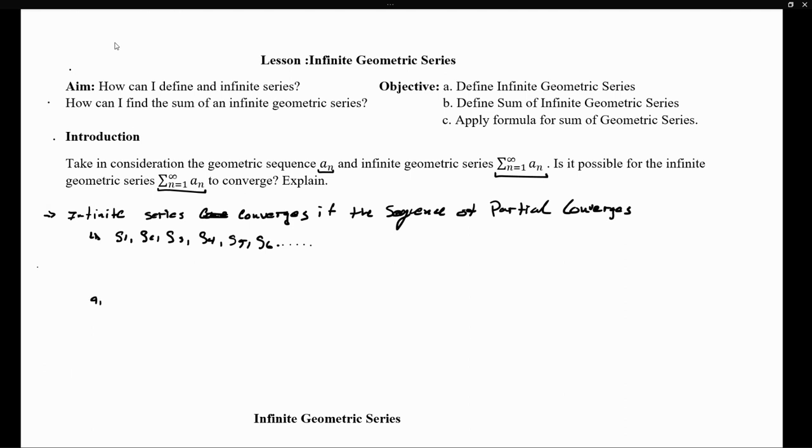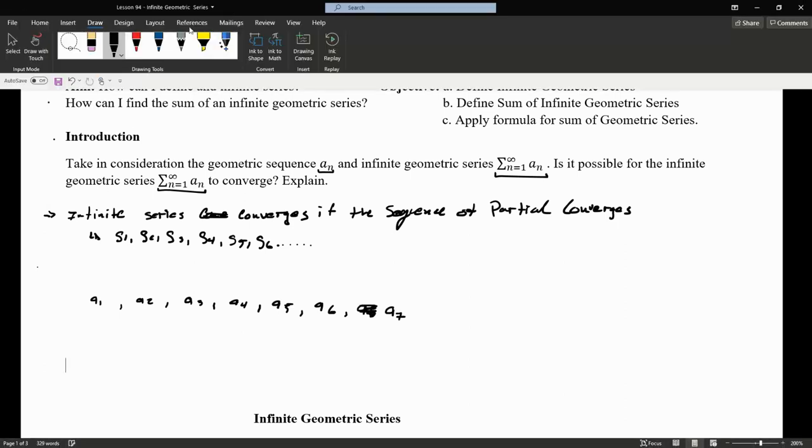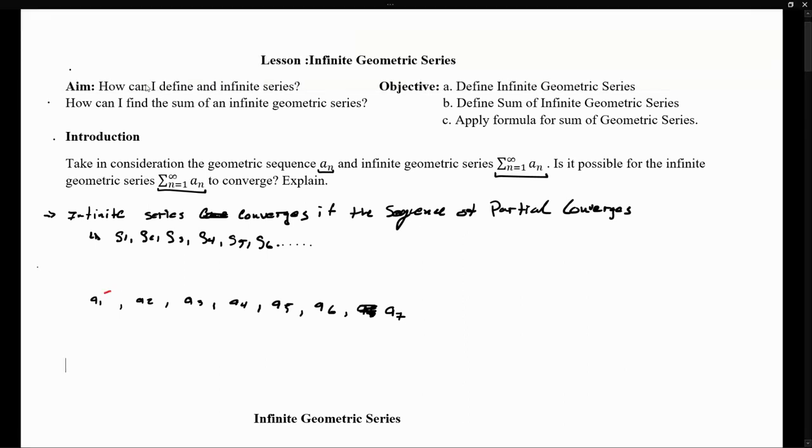The values of the partial sums come from the actual values in the sequence. And I guess this is the seventh term. Now, if this is a geometric sequence, we know that in order for me to get from one value to the other, I must have multiplied by some ratio, because again, we're taking a look at a geometric sequence.